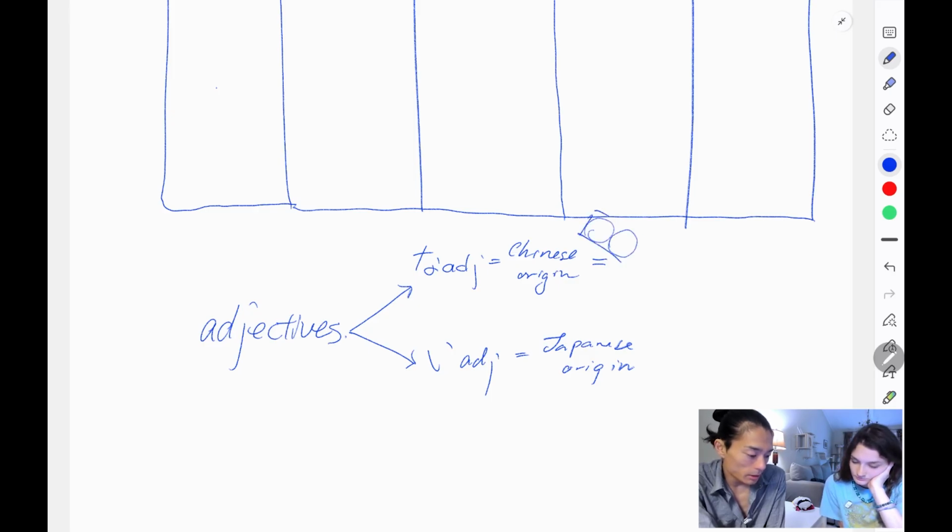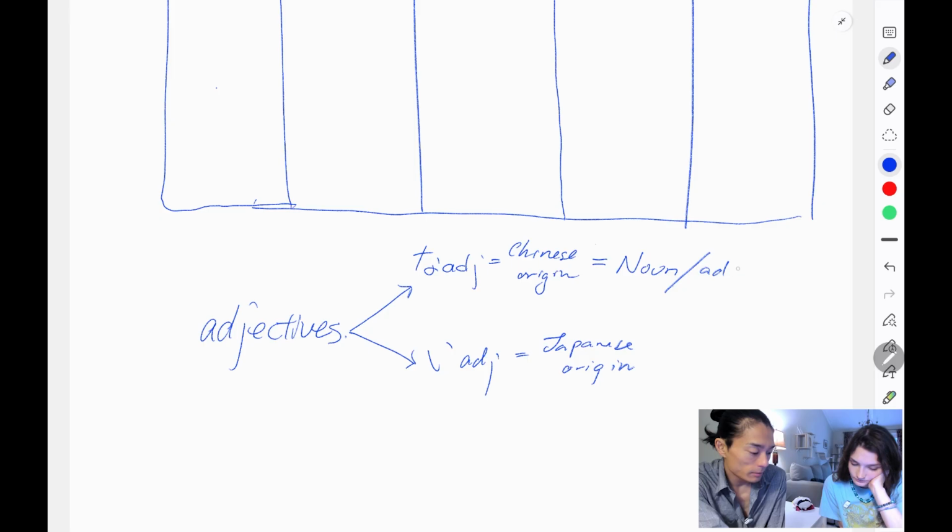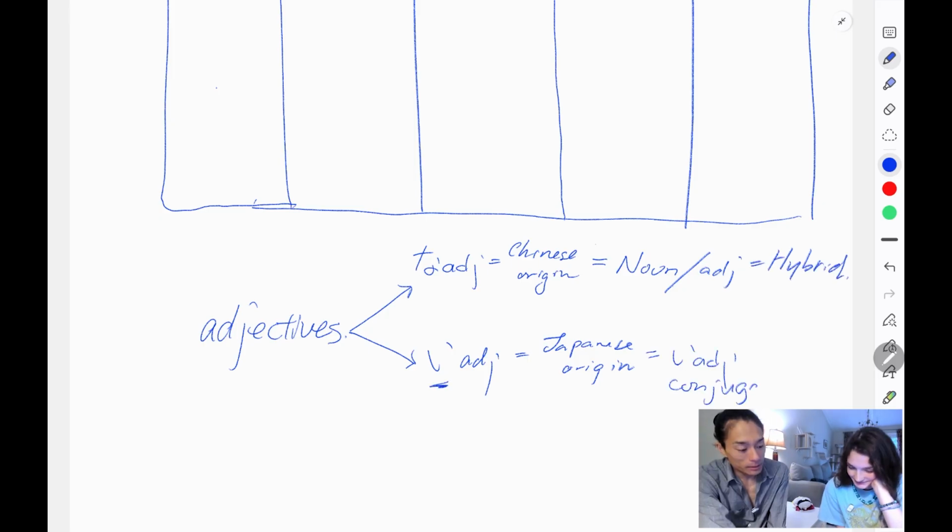So it's basically a noun, because in the Japanese brain, we would have something after it to conjugate to something else. So basically, a na-adjective is a noun and adjective, a hybrid. Japanese-origin adjectives have their own rules for conjugating. The good thing about na-adjectives is that because they're a hybrid of both noun and adjective, conjugation-wise they're the same as nouns.